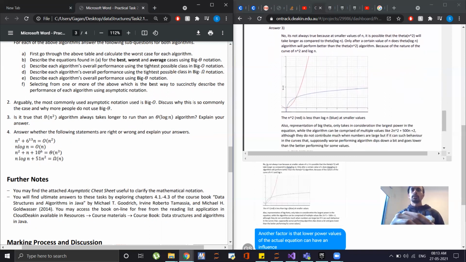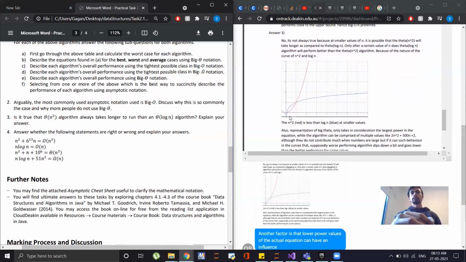As you can see from this graph, the blue one starts performing better after a certain value, and before that the red one was performing better. Also, all the asymptotic notations denote the behavior of the algorithms, not the actual graph.